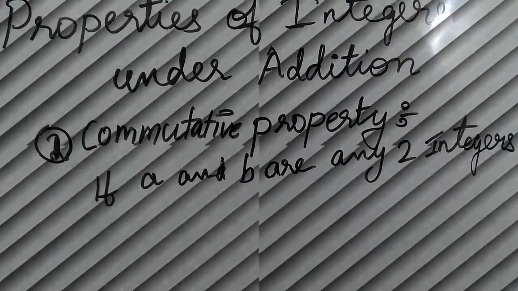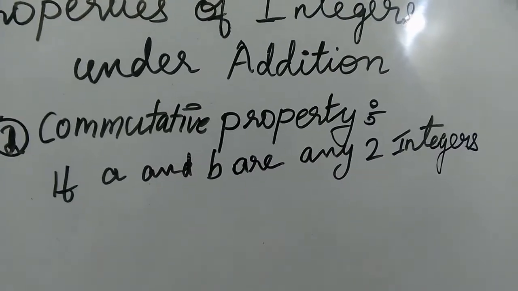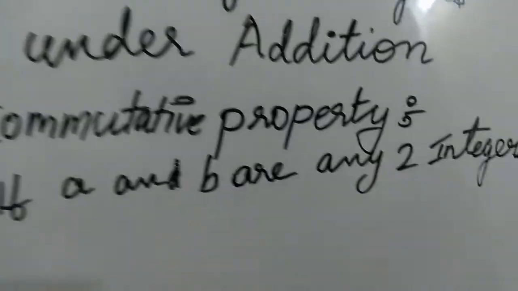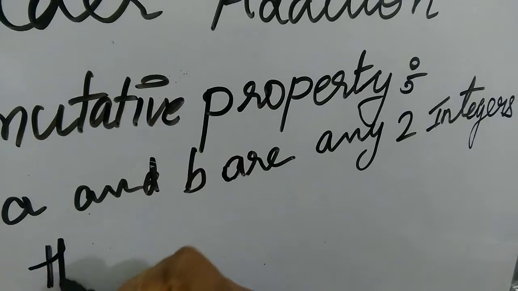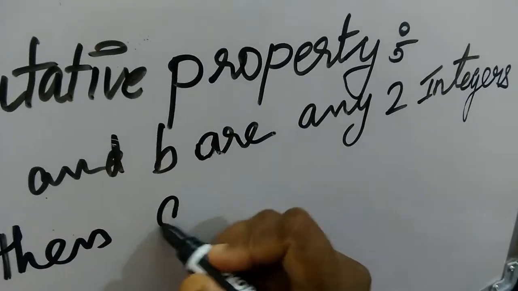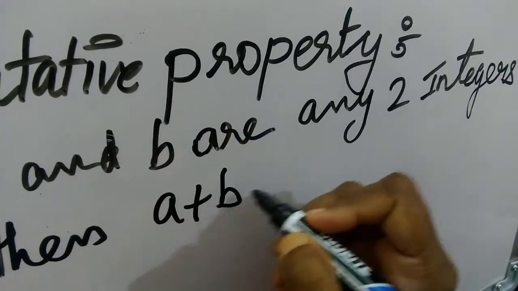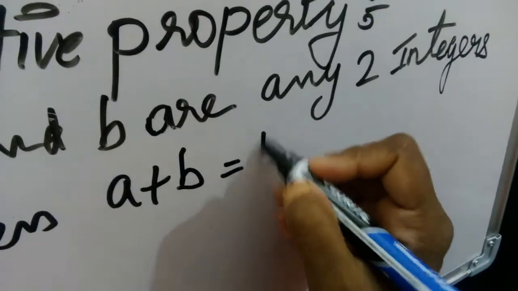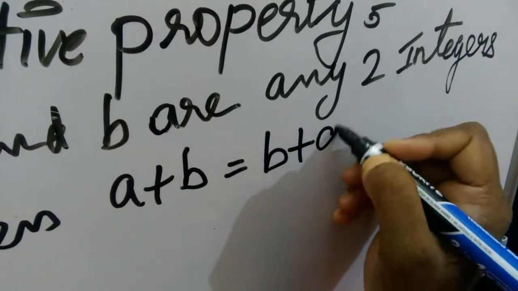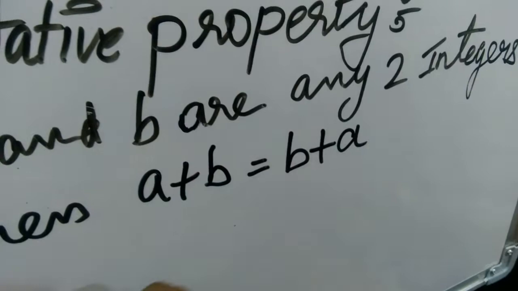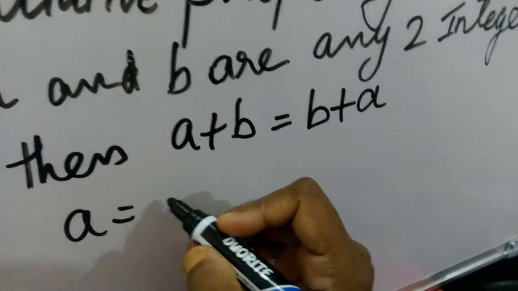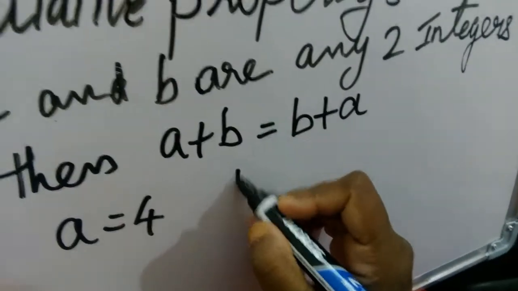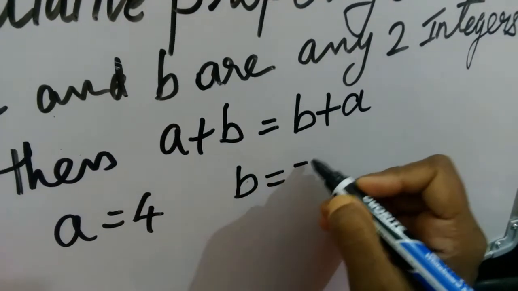Second property, commutative property. If a and b are any two integers, then a plus b equal to b plus a. For example, take a equal to 4, b equal to minus 5.